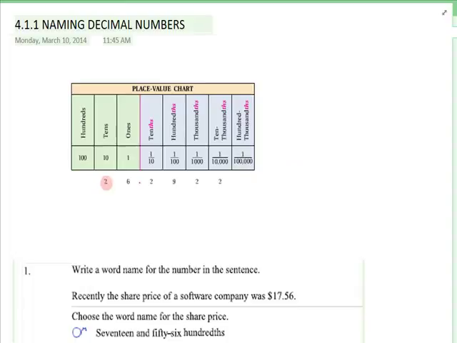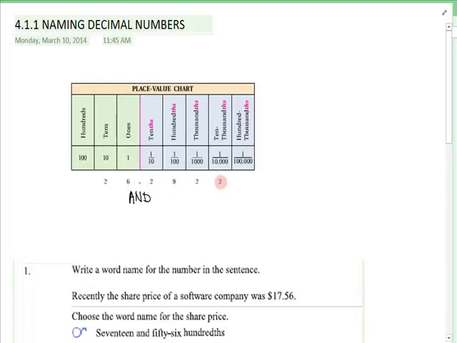So when we see a number like 26.2922, to read that number, we read the whole number part, 26. We say the word "and" when we see the decimal. We read the decimal right-hand side. First of all, we read it as if there is no decimal. 2922 would be read 2,922.